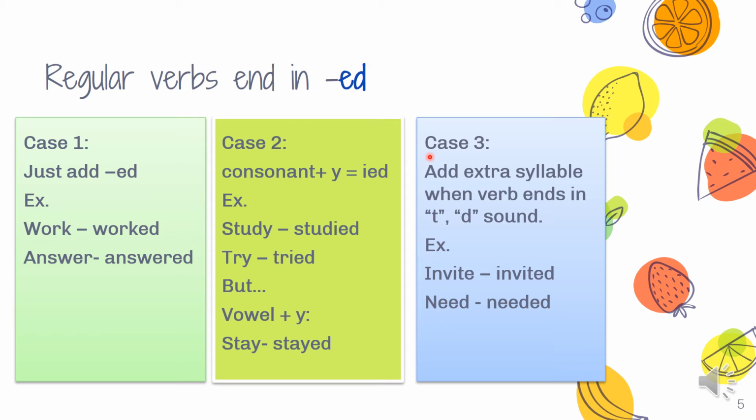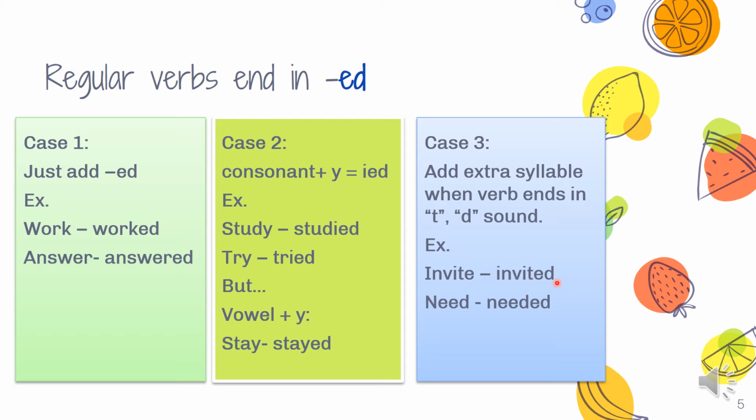In case number three, we have when you add an extra syllable. When the verb ends in a T or a D sound. Example, invite. When you say invite, you have two syllables. Invite, okay? But when you convert it into simple past tense, you have three syllables.